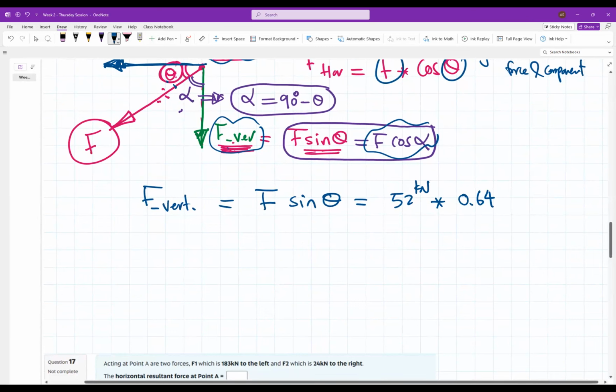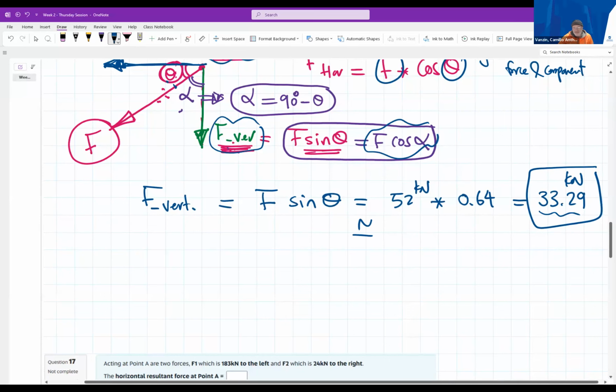This gives us the vertical component as 33.29 kilonewton. Kilonewton is the unit, as you know, and 33.29 is the value. If you want to write it to the nearest first decimal place, it becomes 33.3 kilonewton.